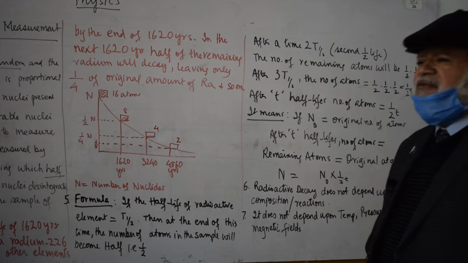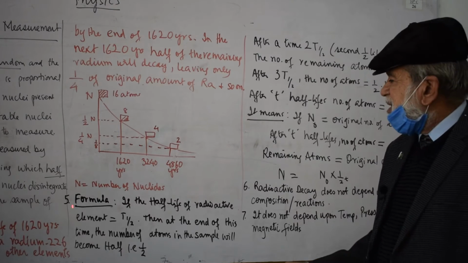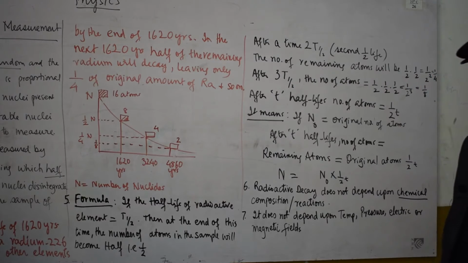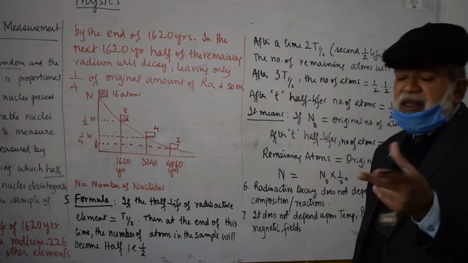The formula which we can use for this is: if the half-life of a radioactive element is T1/2, then at the end of this time, the number of atoms in the sample will become half. So after 1620 years, if the atoms are 16, they become 8.